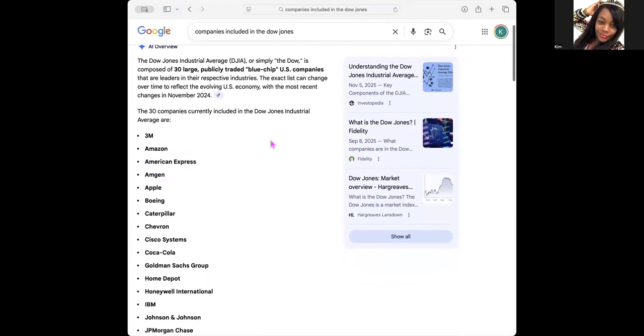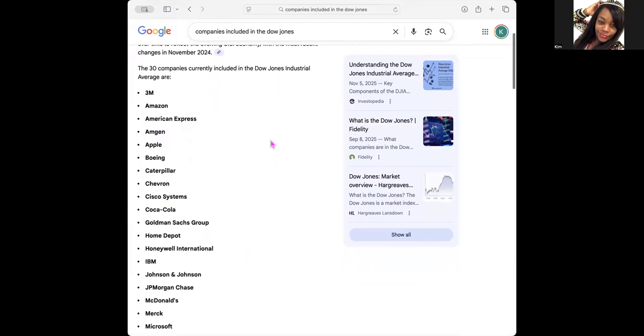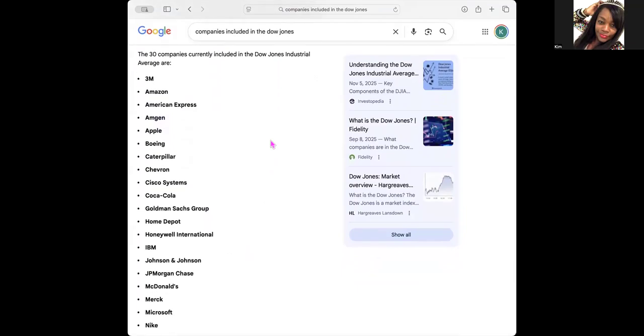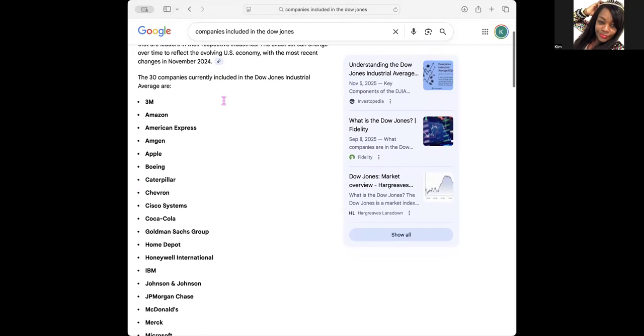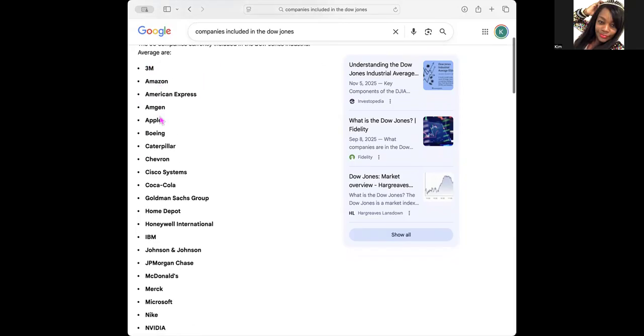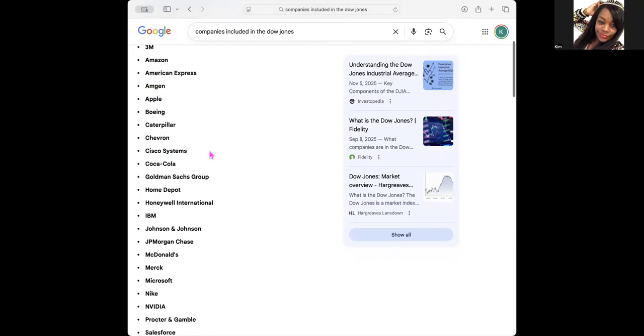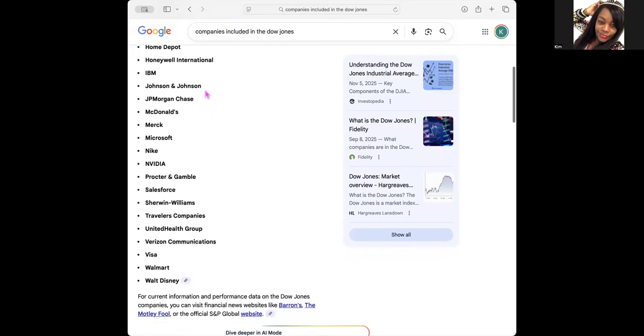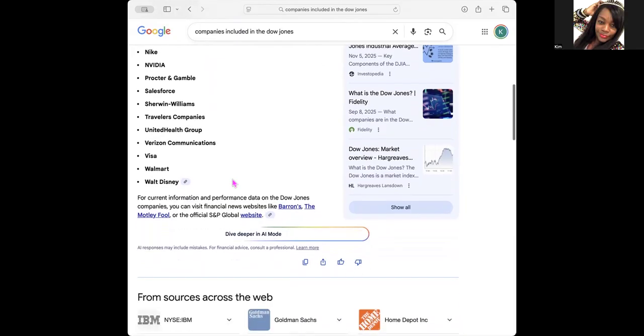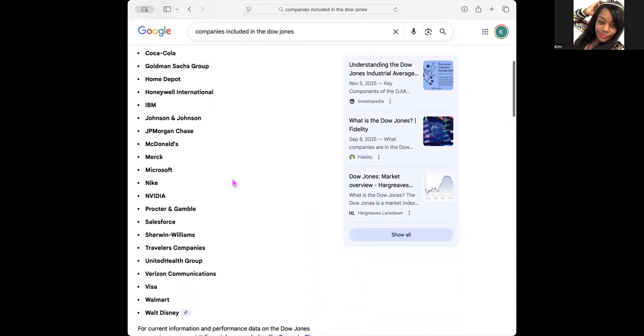Okay, here we go. The 30 companies that are included in the Dow Jones. So if you're trading US 30, you're trading 3M, Amazon, American Express, Apple, Boeing, Caterpillar, Chevron. You're trading a share of all of these companies that are included in US 30.